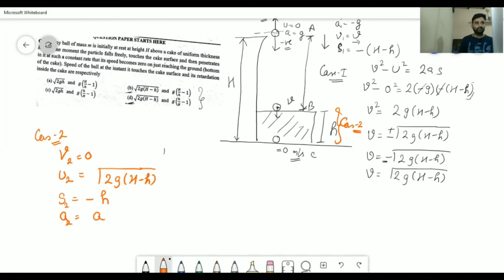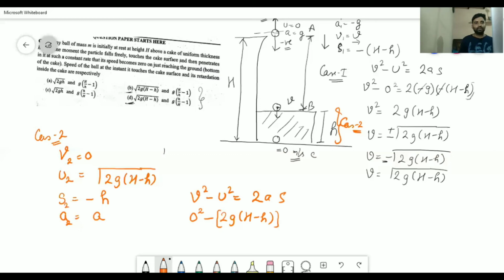Now let's apply v square minus u square is equal to 2as. Why are we applying this equation? Because the time variable t is not being discussed here, and when the time variable is not discussed, the third equation is applied, right? So v square, the final velocity, will be 0, and u square will come out to be 2g(H minus h), right?